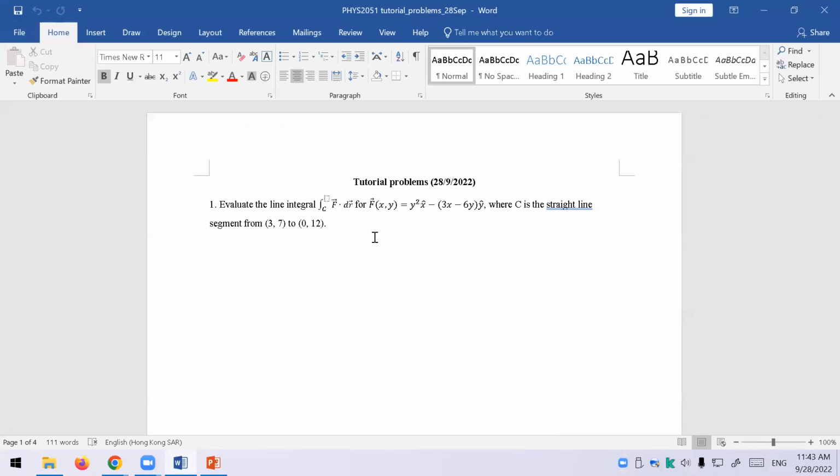Just make sure you are able to express this line integral in terms of an integral over t. Again, you can find this file on Blackboard.